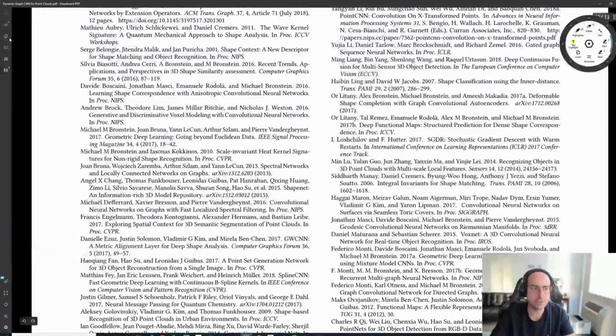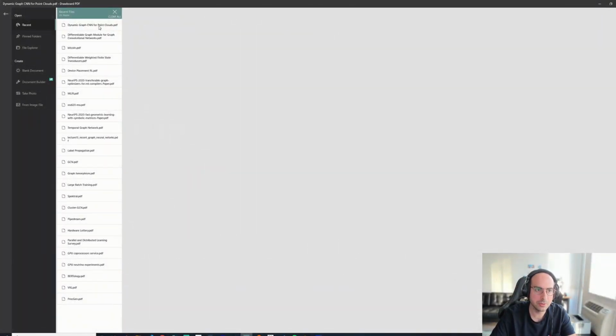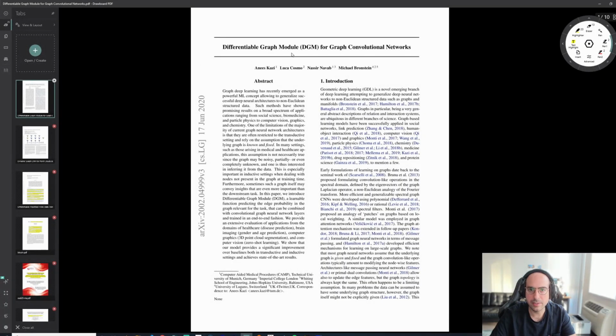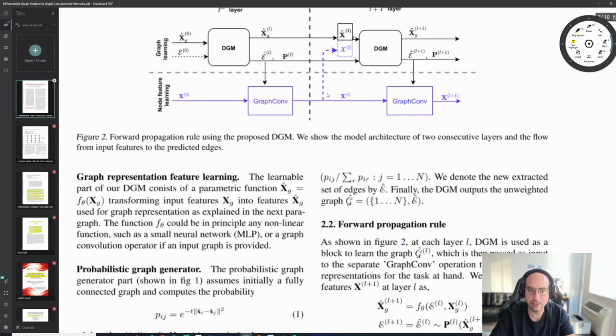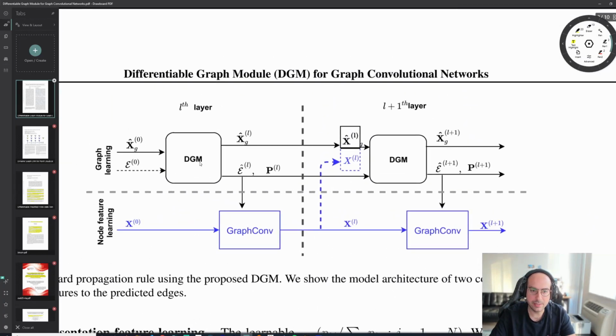All right, so let's just quickly skim the next paper. In the case of the next paper, the main difference is here. What they do is instead of learning the node features and the graph at once, they separate it out. So you have a graph convolution and then I believe these edge convolutions here.